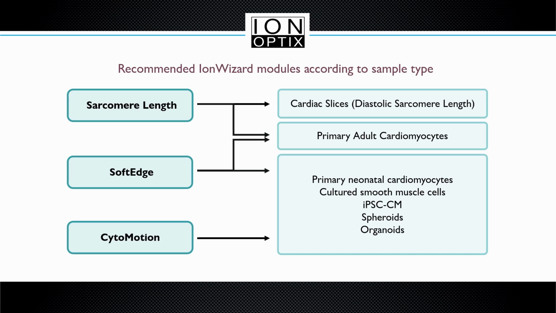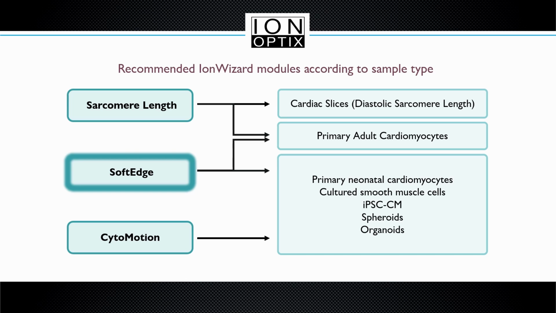In such challenging scenarios, the SoftEdge module becomes invaluable. SoftEdge is not only beneficial for diseased models, but also finds utility with other cell types that lack clear sarcomeres or do not display clear sarcomere patterns.